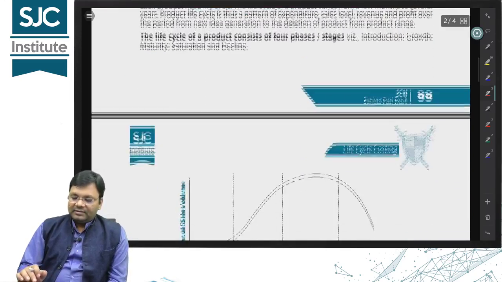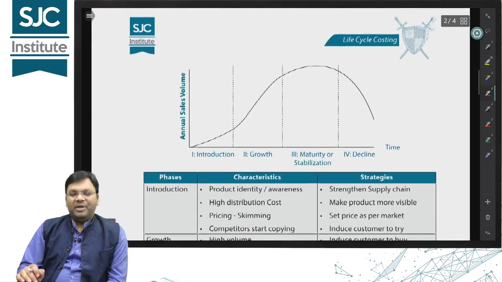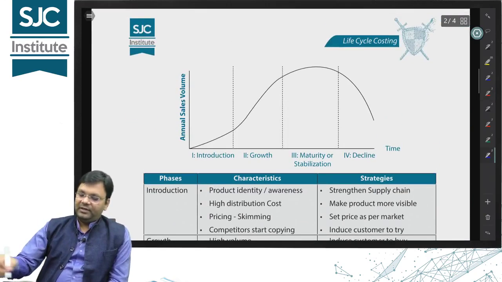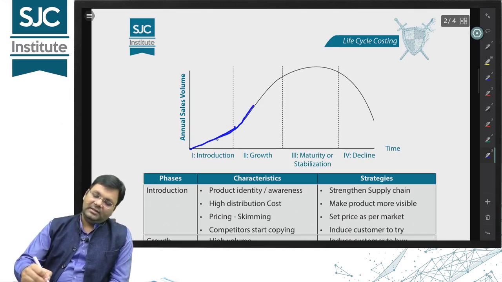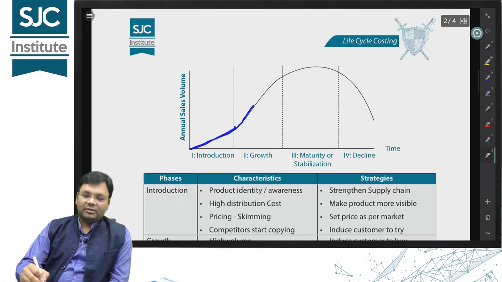We also discussed the behavior of our revenue over the different stages. Revenue here means sales volume, which rises at a very slow rate in the introduction stage, but at a very fast rate in growth. It stabilizes at the maturity stage and then starts falling.